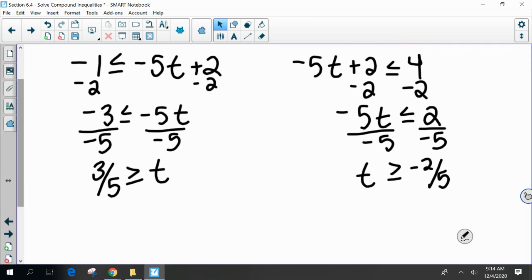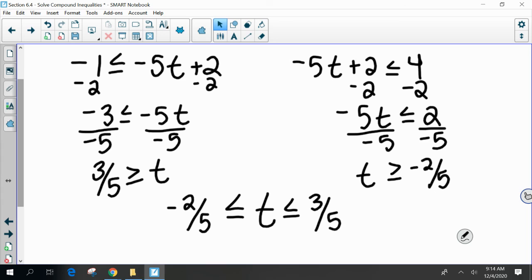The -2/5. So I'm going to read it. T is greater than or equal to -2/5. So -2/5, and then I'm going to have to go from right to left. So T is greater than or equal to -2/5. And then I'm going to go back to this one and go left to right. So T is less than or equal to 3/5.